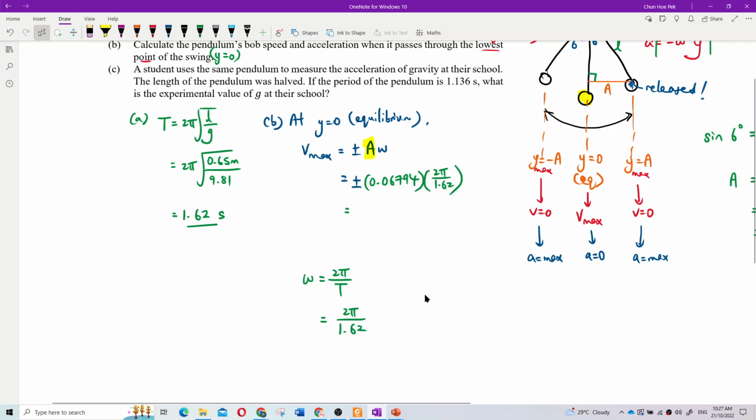Okay, so what's the answer? What's the V maximum? So plus minus 0.2664 meter per second.